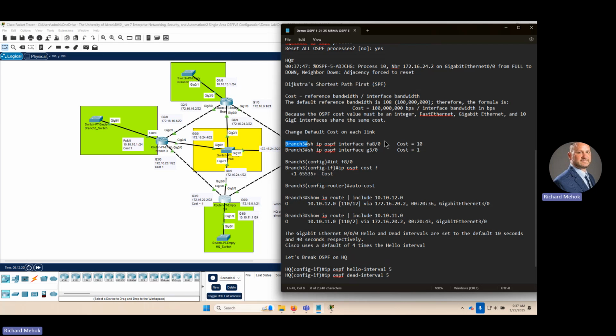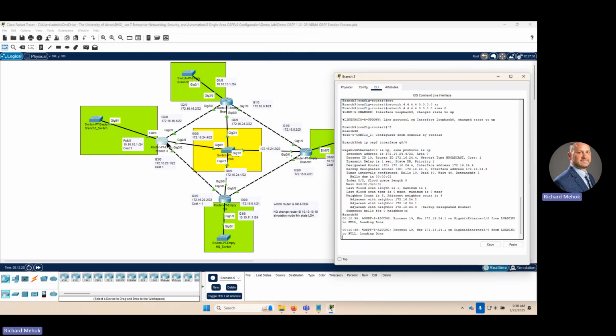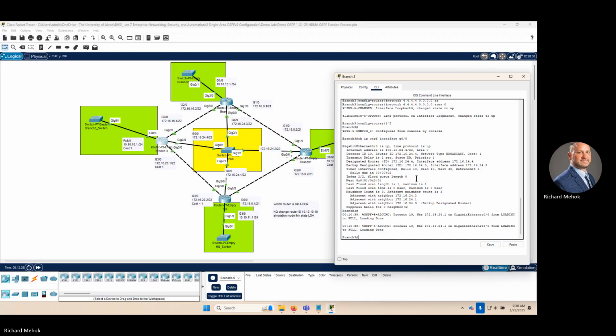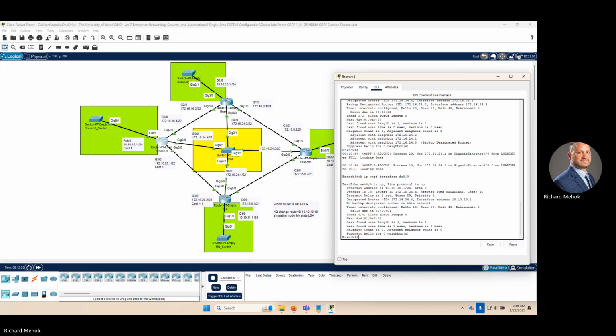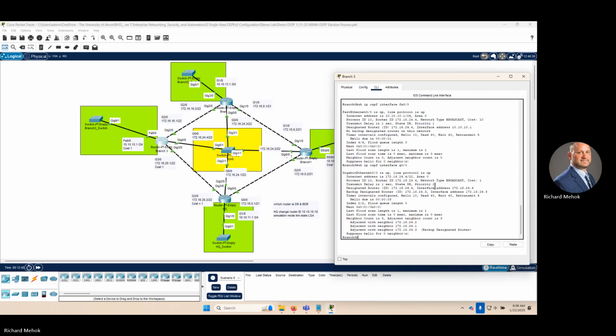We'll do the show OSPF on a Fast Ethernet and see what its cost is. And over here is the cost. So Fast Ethernet is at 10. And if we change it to Gigabit 0/0, the cost is 1.